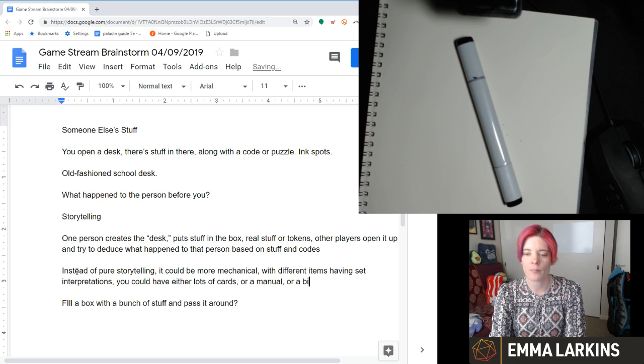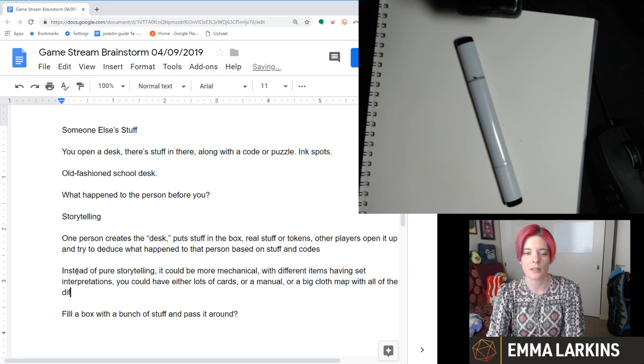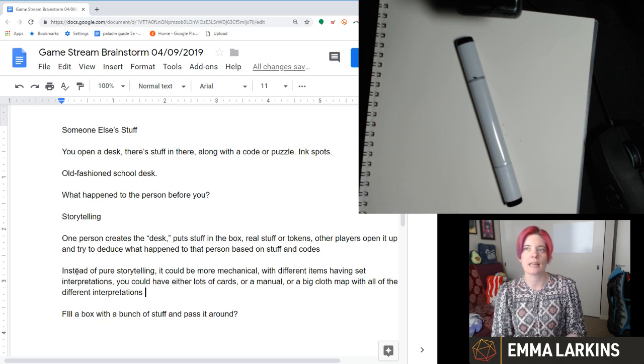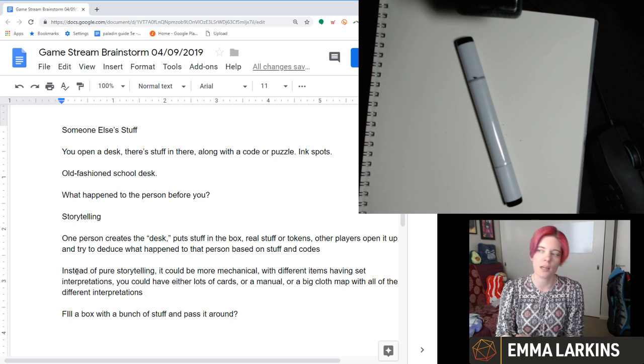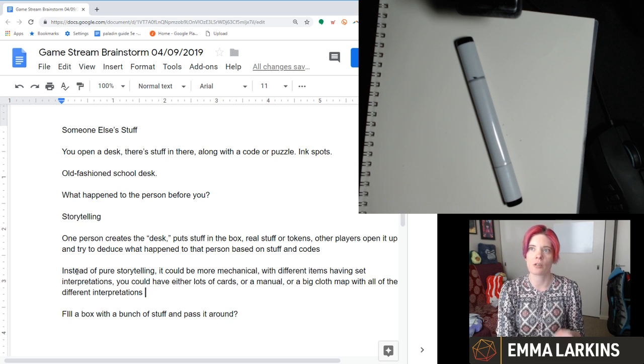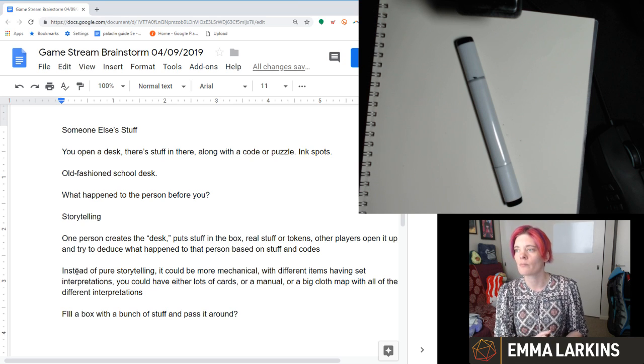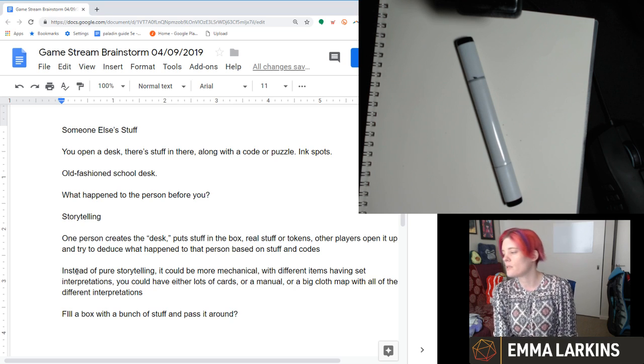Or a manual, or a big cloth map with all of the different interpretations laid out on it in different ways. I like the idea of using cloth or a mat of some sort as a component. I think Fall of Magic, Dragoon, and a lot of other games are playing around with that. It's becoming more of a thing, and it could be a really cool physical component to add.